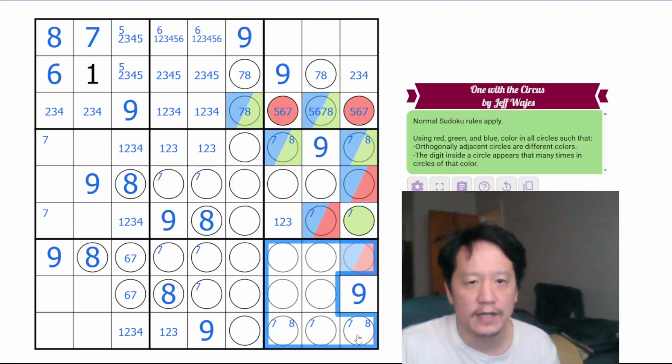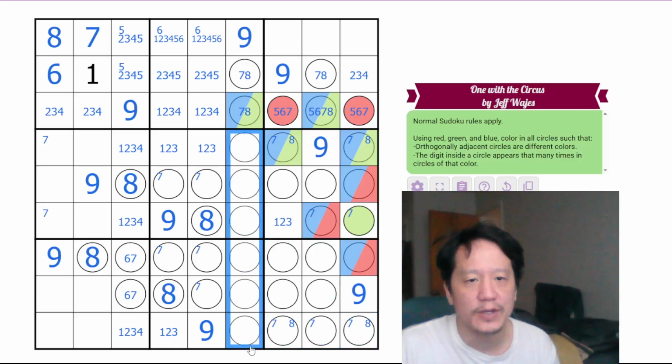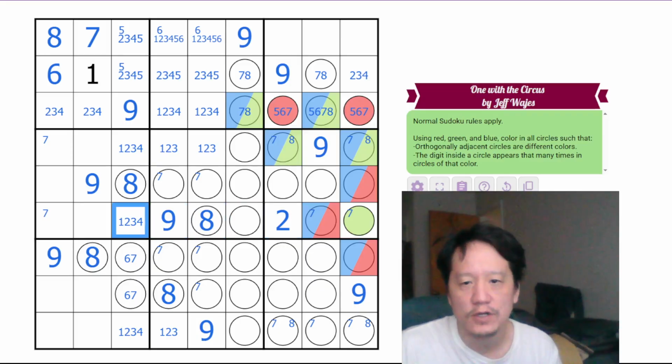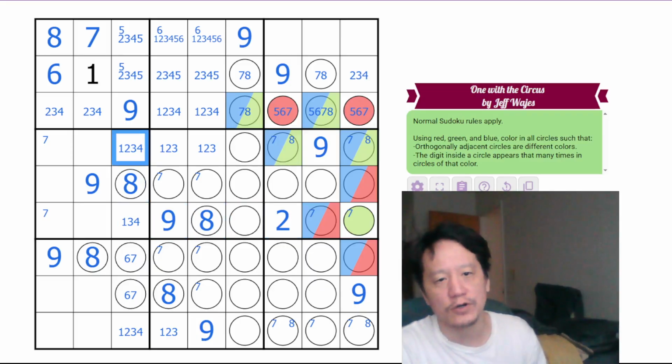So that means any other 2 that could not be in column 6 or box 9 cannot have a 2 in a circle. So therefore 2 cannot be in a circle in box 6. So therefore that's 2, which eliminates 2 in the rest of the row.